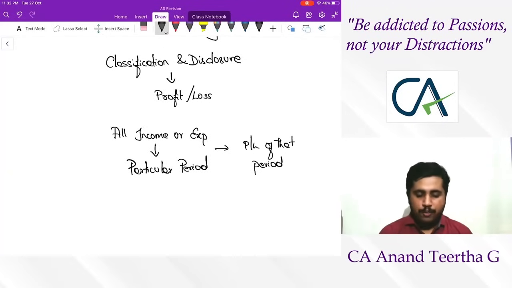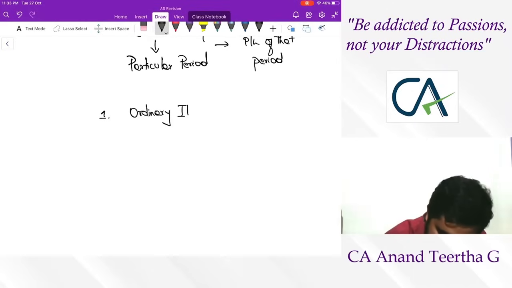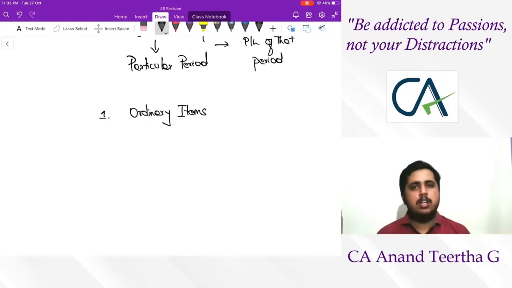Okay, now from the classification point of view, the entire net profit or loss which you derive in the P&L statement will be bifurcated, number one, as ordinary activities or ordinary items. So basically the first element of net profit or loss classification. So the entire AS5 is done through this classification only.